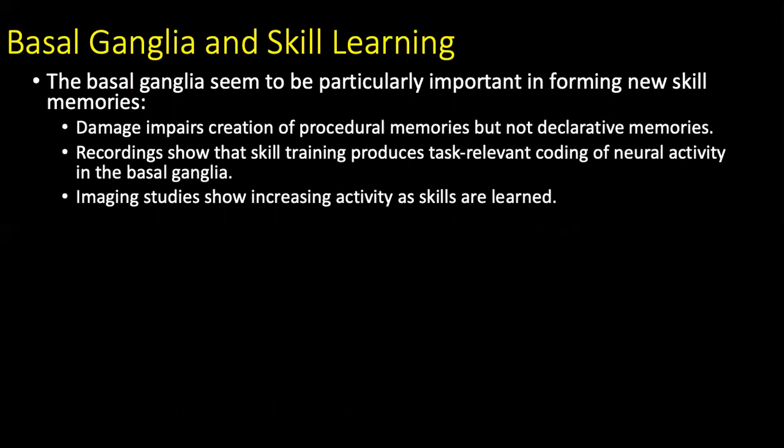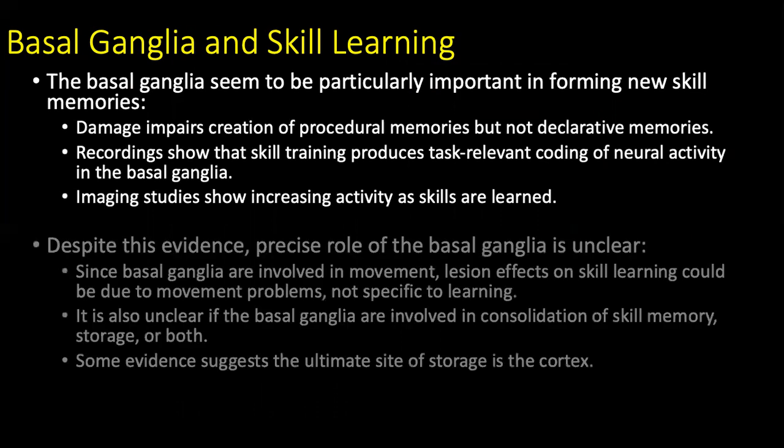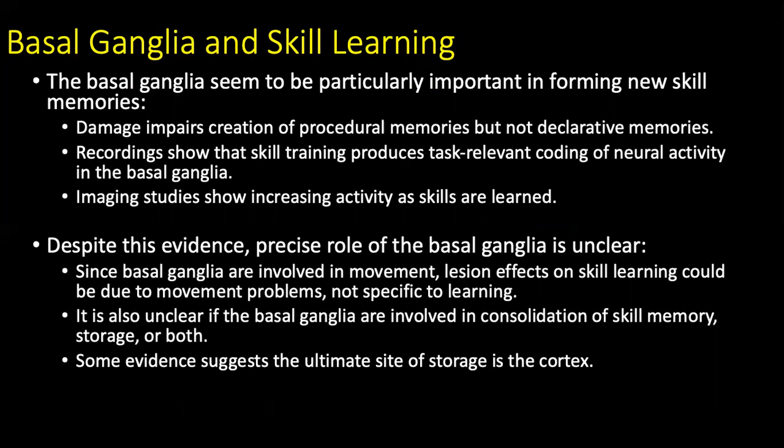Damage impairs creation of procedural memories, but not declarative memories. The recordings that we looked at in rodents seem to suggest that the activity, as the rodents get better, gets more task specific. And human imaging studies show this increase in activity as well. So there's a lot of nice evidence there, right? But overall, the literature is a little mixed on how supportive this is, right?